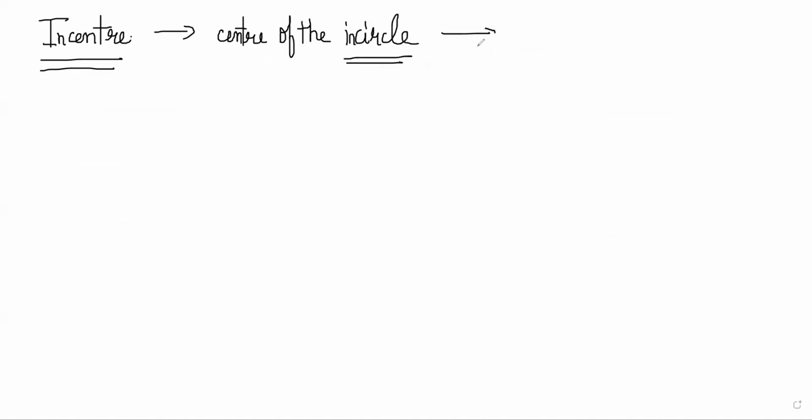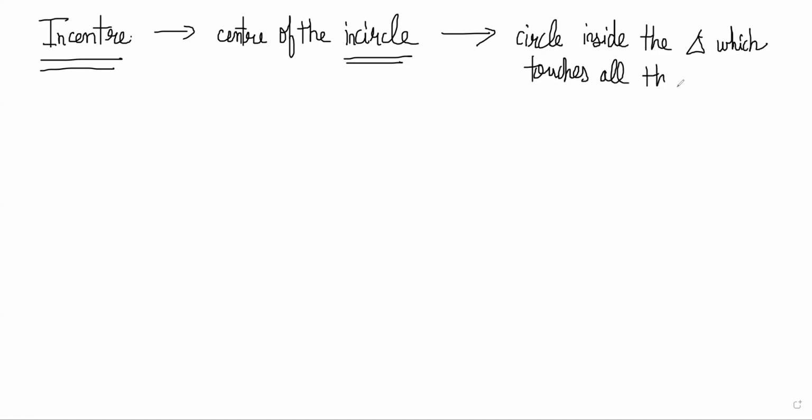What is the incircle? It is the circle inside the triangle which touches all three sides, right? Yes, sir. Touches all three sides, or basically the sides are tangent to the circle.